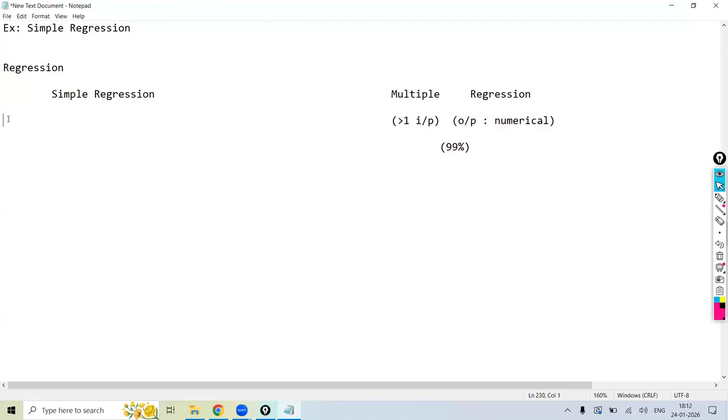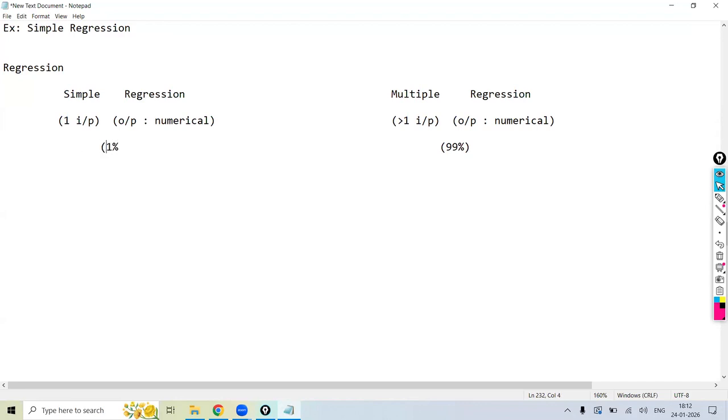So what is simple regression? Simple means exactly one input variable, and the output is numerical, which is regression, as we already discussed. Now, in 99% of cases we have multiple regression projects. Just 1% of real-time projects are based on simple regression.